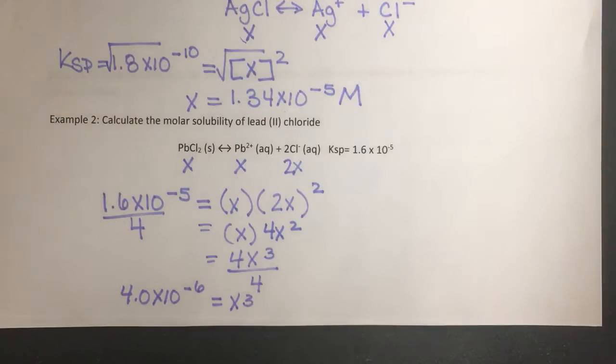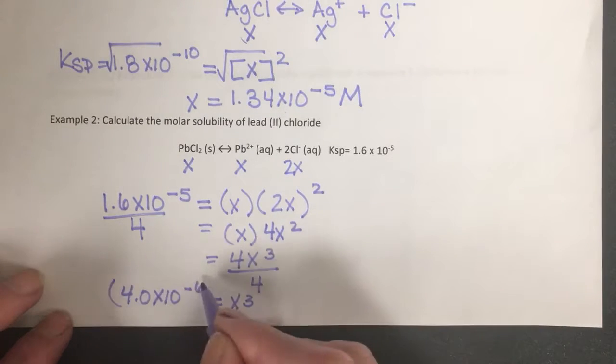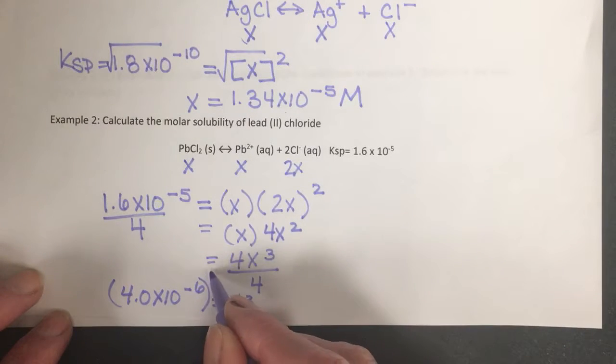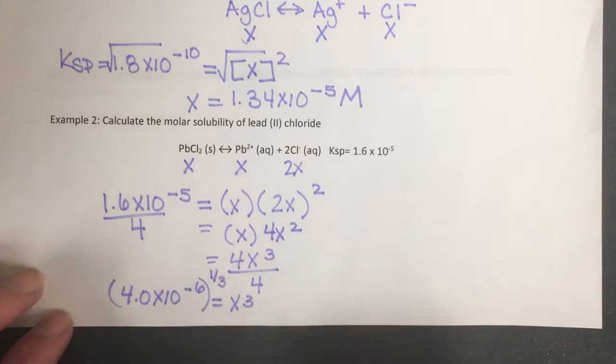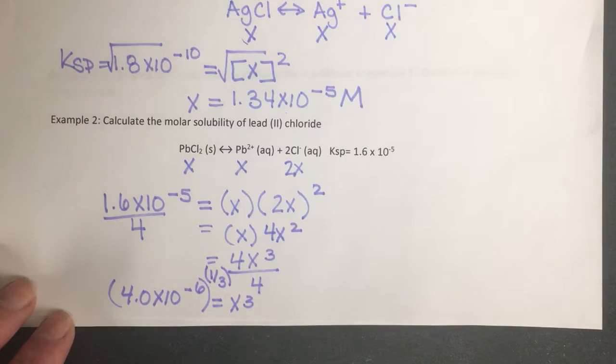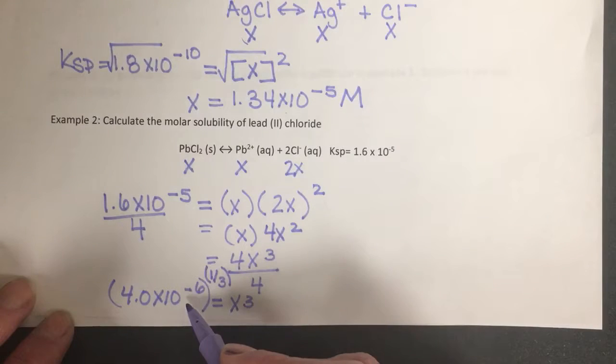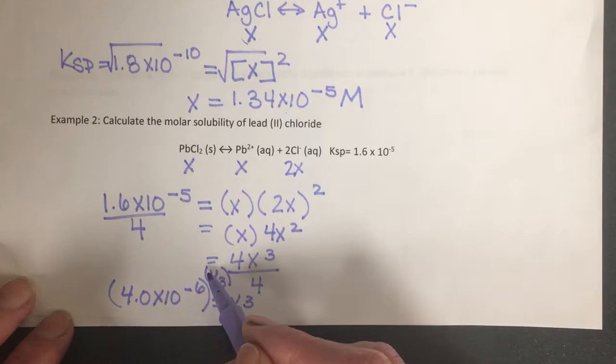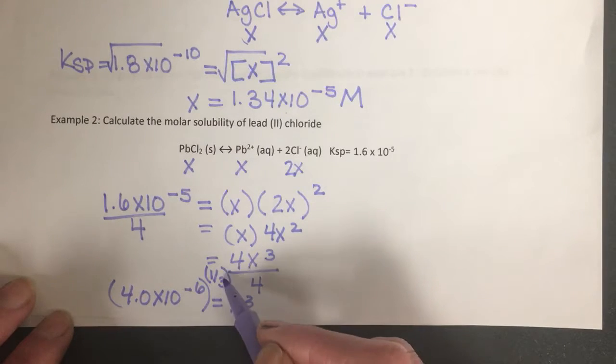Now when I take the cube root, when I plug this into my calculator, what I'm going to want to do is raise this to the power of 1/3. Depending on the model of your calculator, it might be necessary to put that in parentheses, because otherwise it might raise it to the power of 1 and then take your answer and divide it by 3. So the older calculators, you're going to want to make sure your exponent is in parentheses.